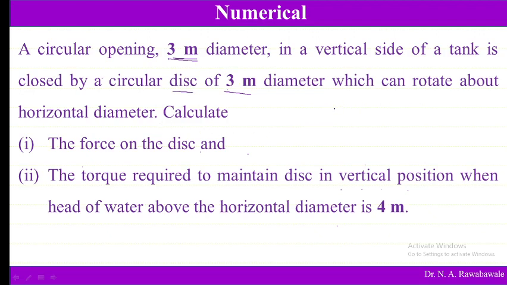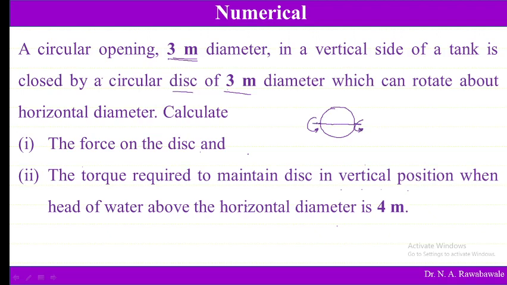Say here this is the circular plane which is going to close the circular hole having 3 meter diameter, but this is having hinge at its diameter, and this can rotate about this hinge in the horizontal direction. So this circular plate can rotate about its horizontal diameter.